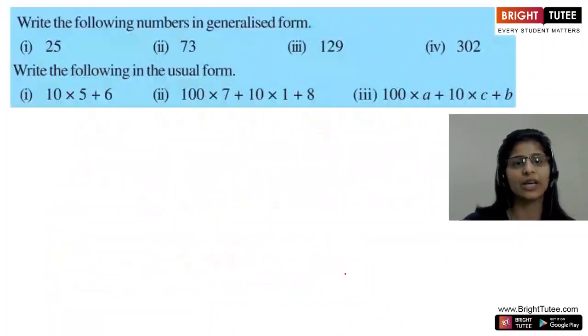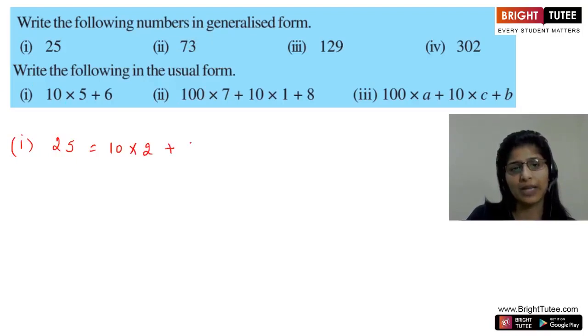Okay, so here we have to write these numbers in generalized form. The first one is 25. 25 can be written as 10 into 2 plus 5. Clear? The second one is 73. How can we write it? As 10 into 7, that is 70, plus 3.